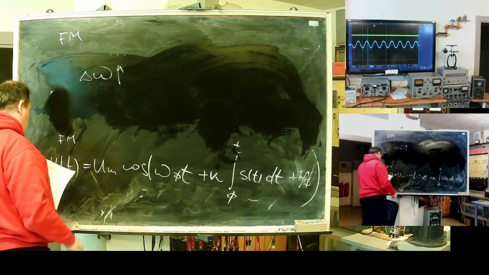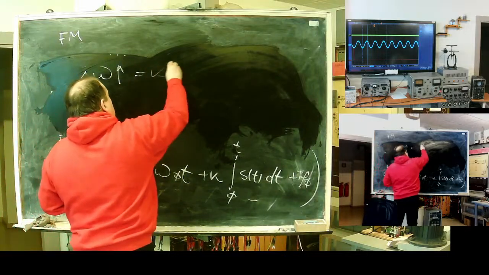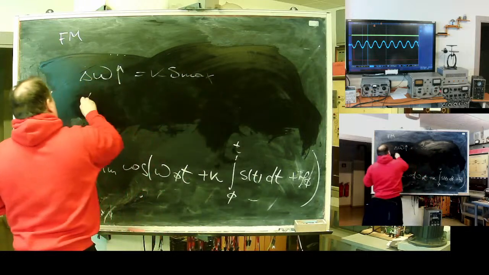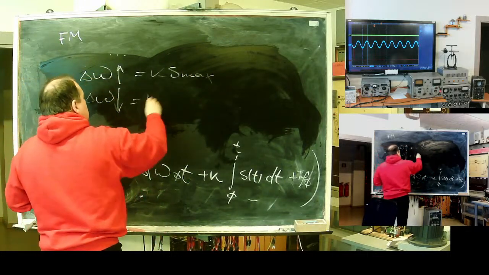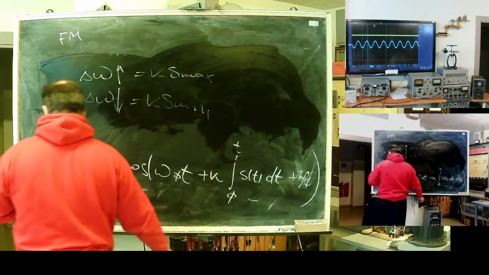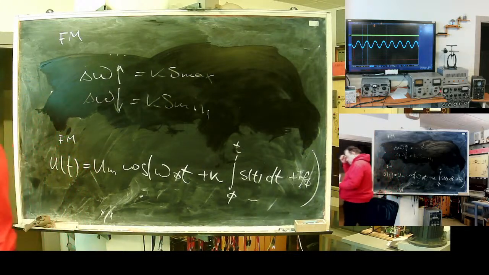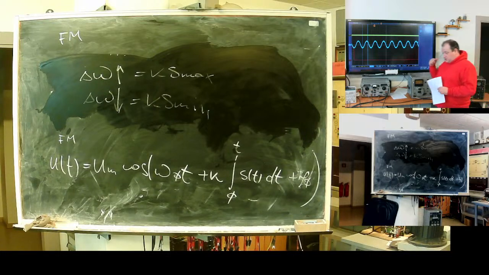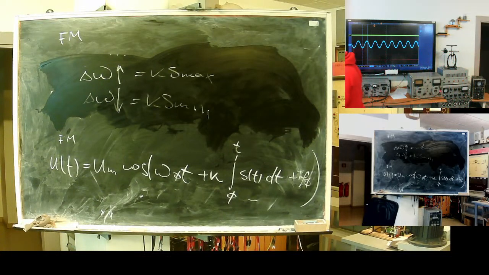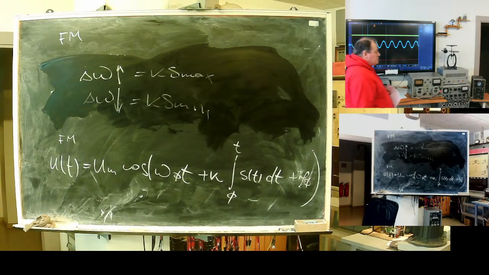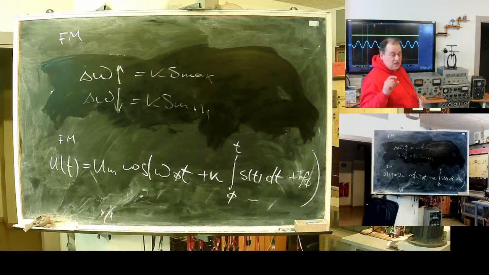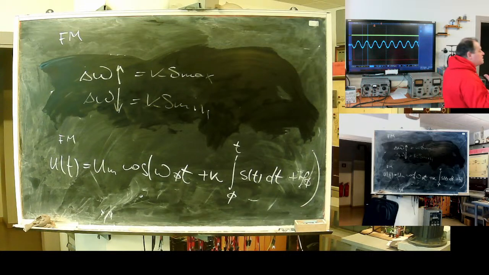Actually, I can speak of omega up, it's K s max, and omega down, it's K s min. If you compare what I wrote, you see that frequency modulation and angular or phase modulation are very close. In case of small deviations, it is not possible to separate them.